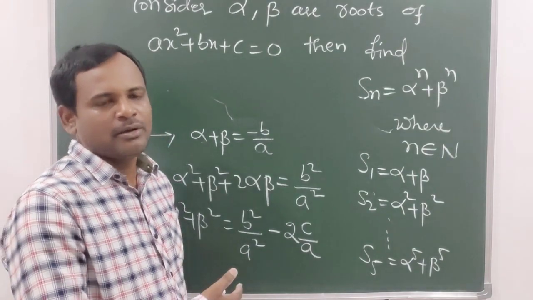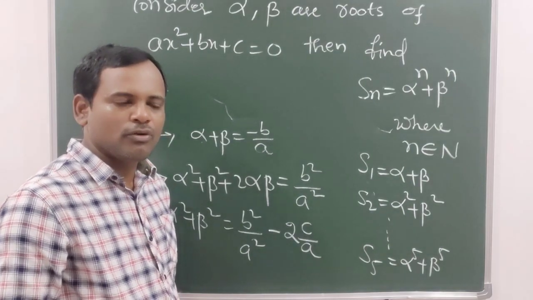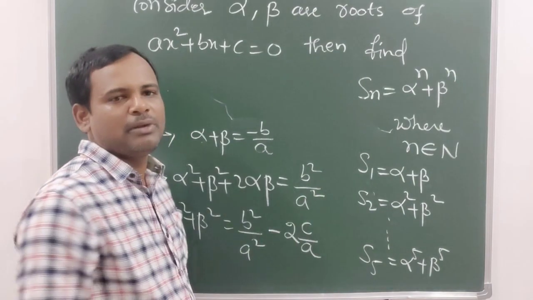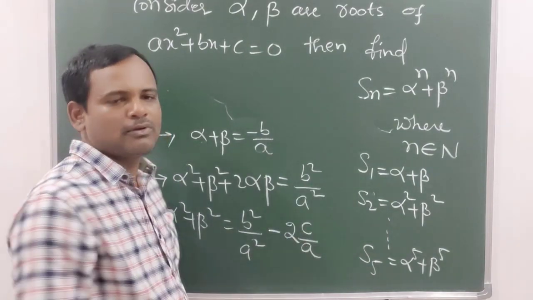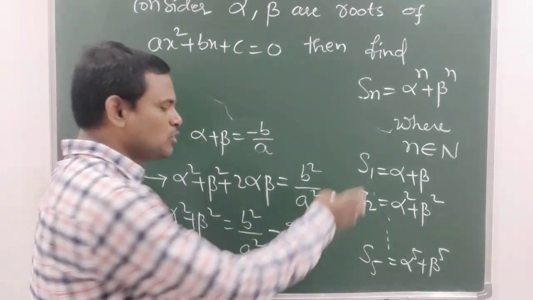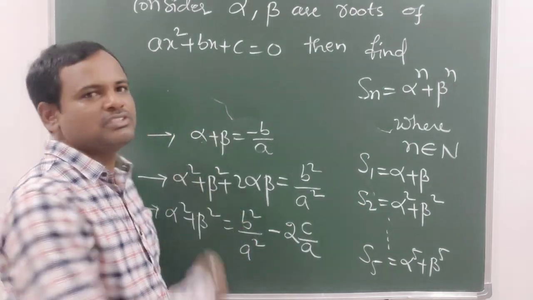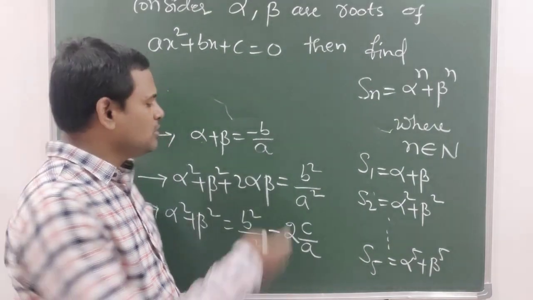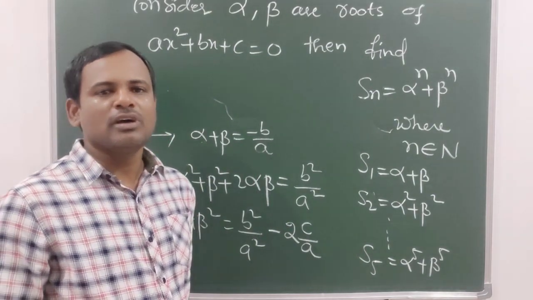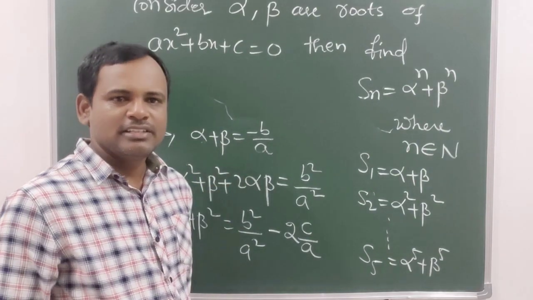But after that, alpha power 4 plus beta power 4, alpha power 5 plus beta power 5, alpha power 6 plus beta power 6, this procedure is somewhat difficult. Hence our mathematician Newton introduced one method to answer this question.